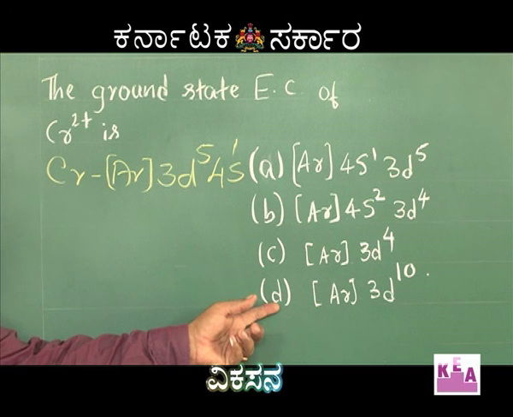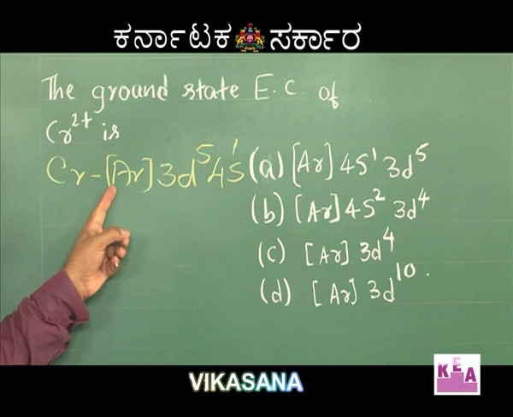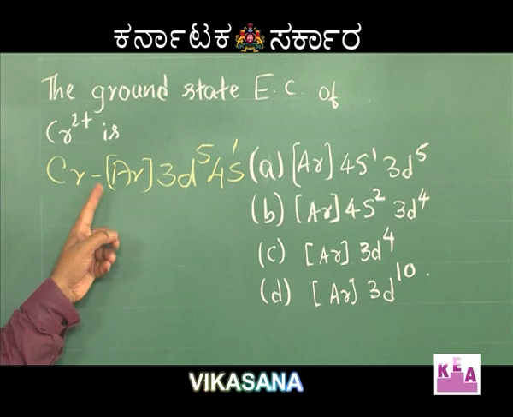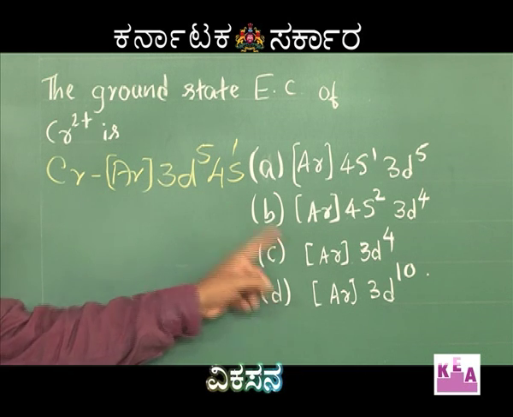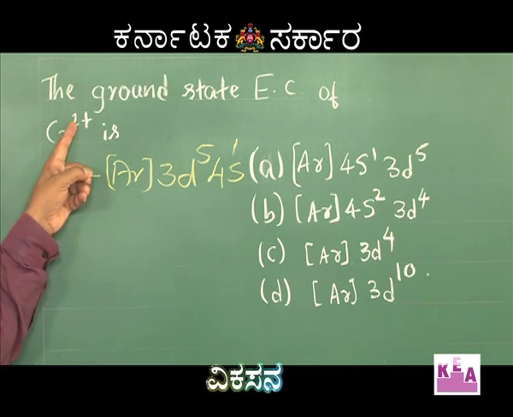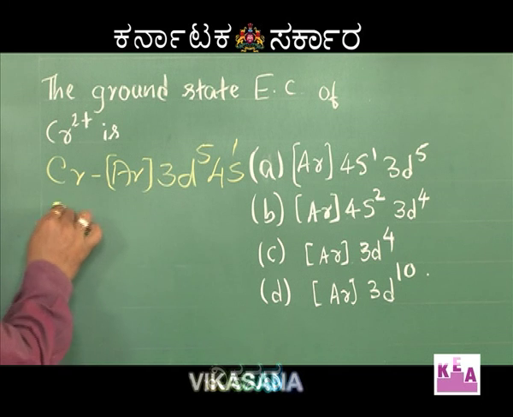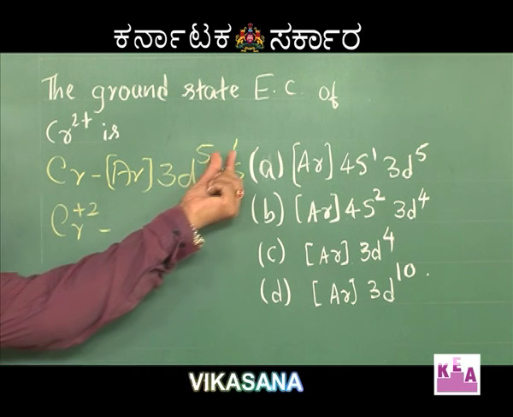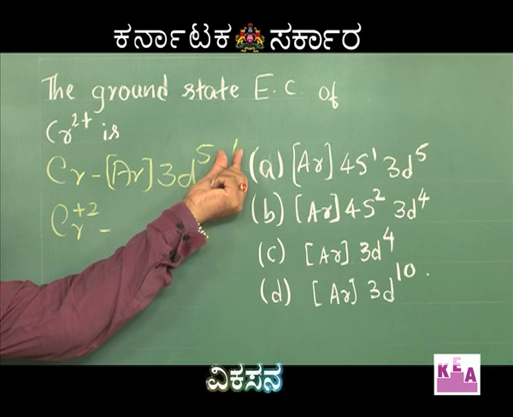In such options, first we need to get the required electronic configuration and then go to the correct option. Look here, chromium is in +2 state. To have chromium in +2 state, these valence electrons are to be lost.